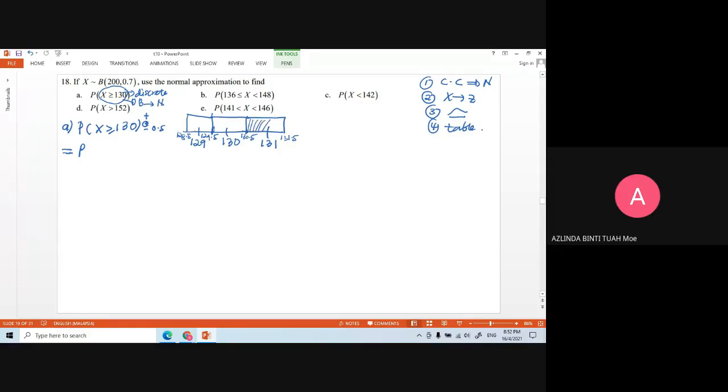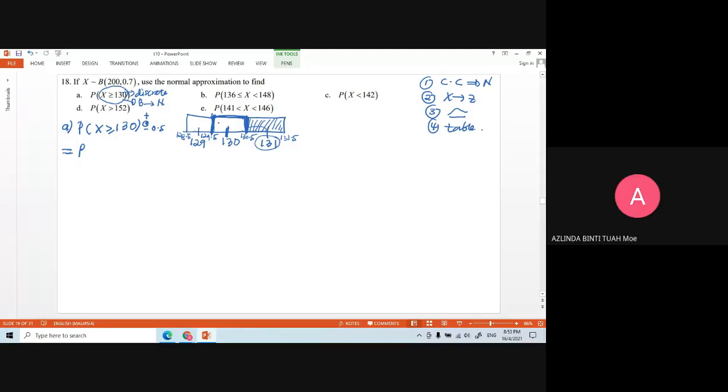Ini adalah tadinya 131 kan? Iya. Dia start dari 130 dan ke atas. 130 is including. 130 is here. This is the box of 130. So box ni masuk ke tak, Nabil?